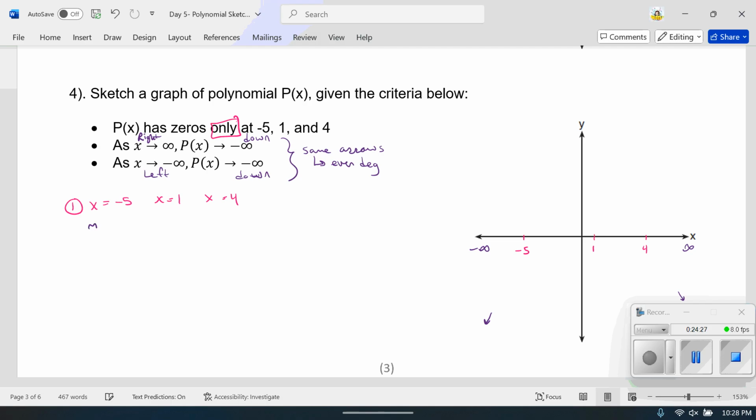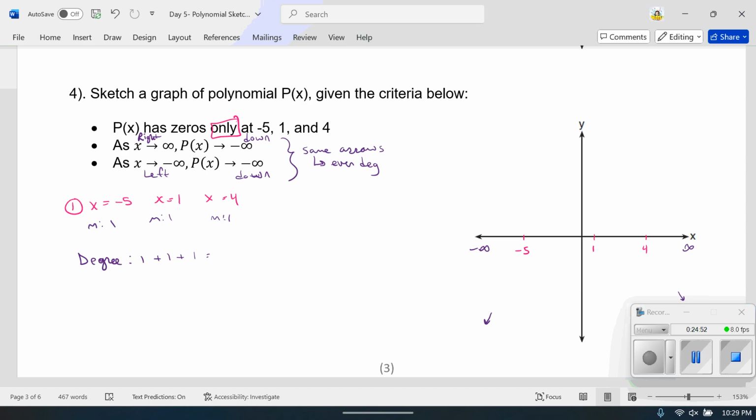This is or could be a multiplicity of 1, a multiplicity of 1, a multiplicity of 1, and that would make your degree 1 plus 1 plus 1, which would be odd. Well, it would be 3, which is an odd number. And odd numbers indicate opposite arrows.